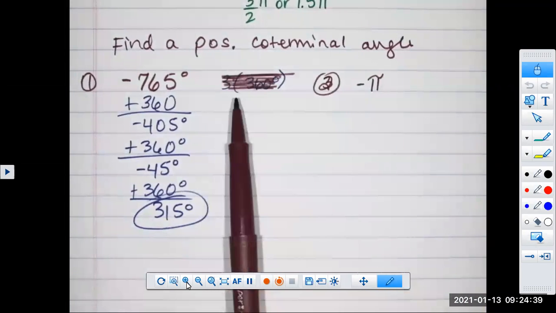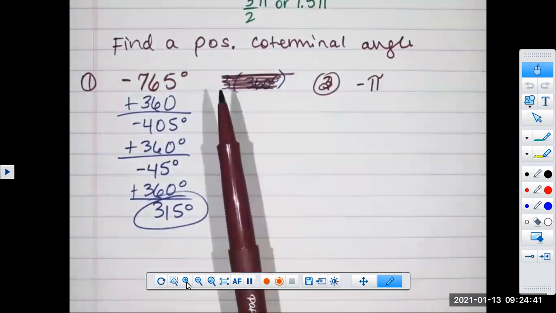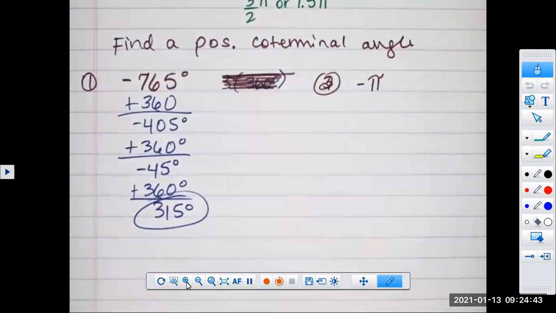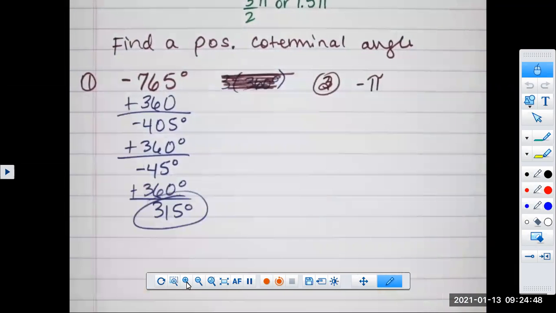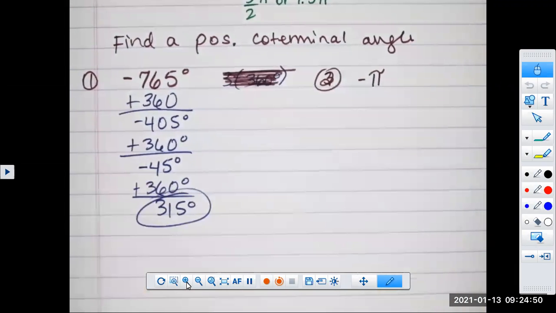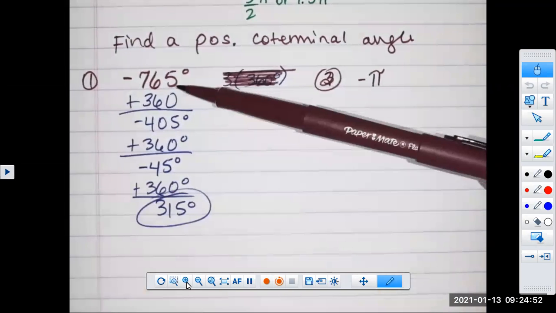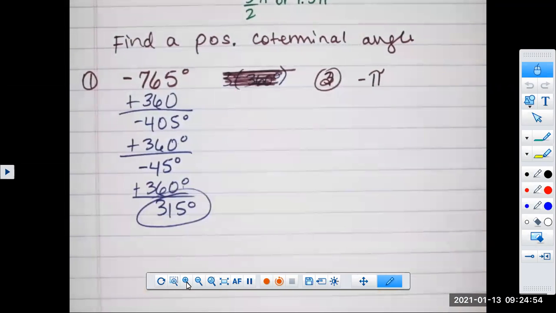The easiest way, if you notice that you need to add 360 3 times, would be to multiply and then add it. But some people like to just do it step by step: add 360, add 360, add it. So 315 is your answer.